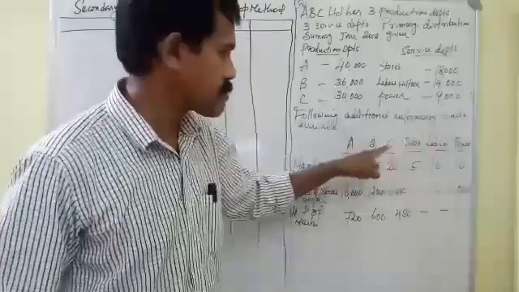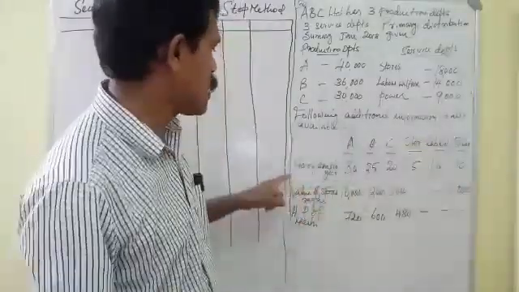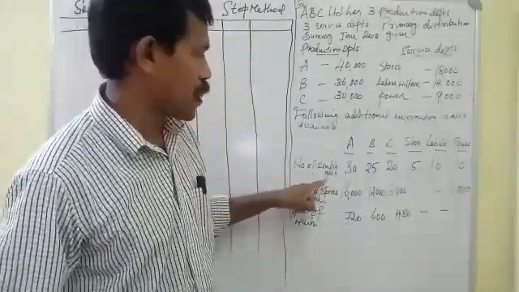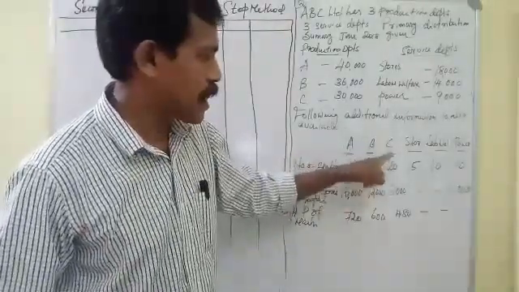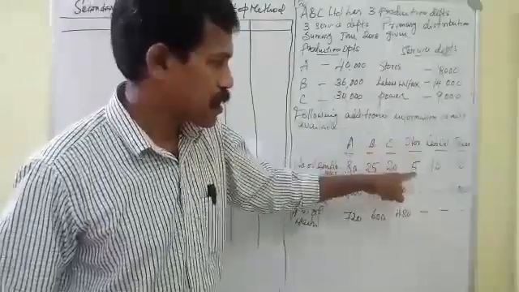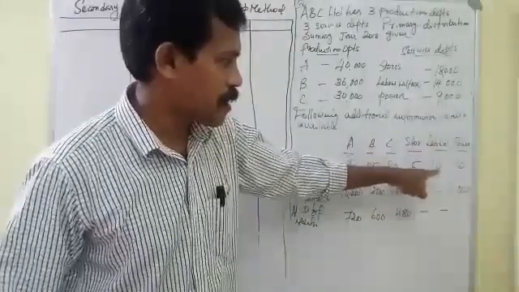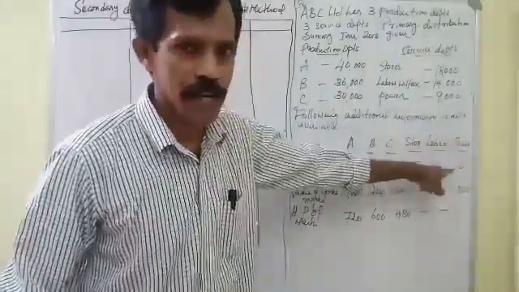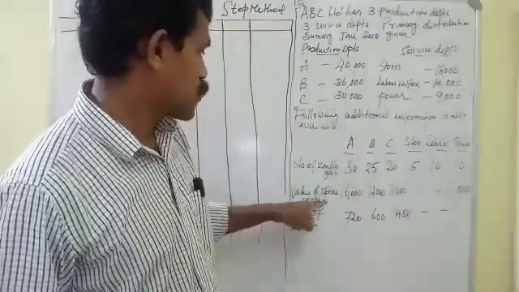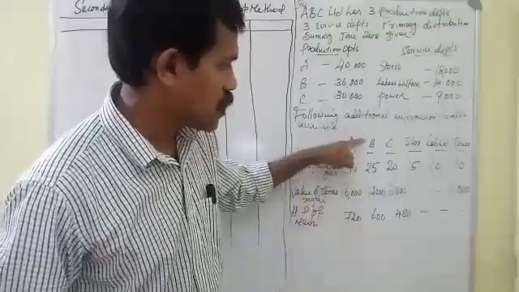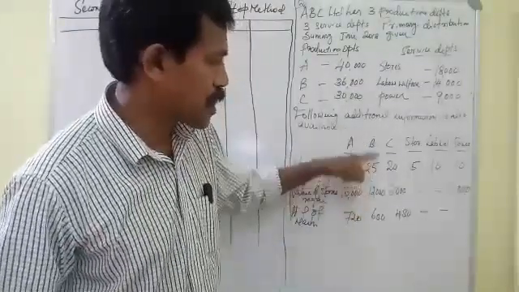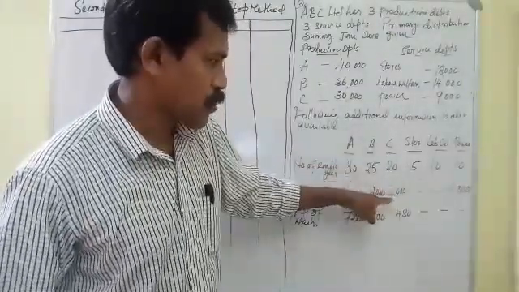Number of employees: A 30, B 25, C 20, stores 15, labor welfare 10, and power also 10. Value of stores requisitions: for A 16,000 rupees, for B 12,000 rupees, for C 8,000.